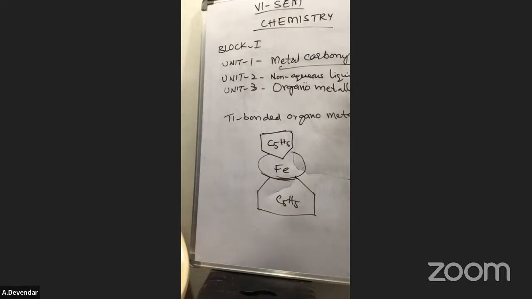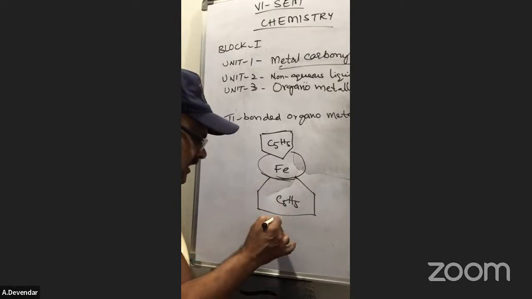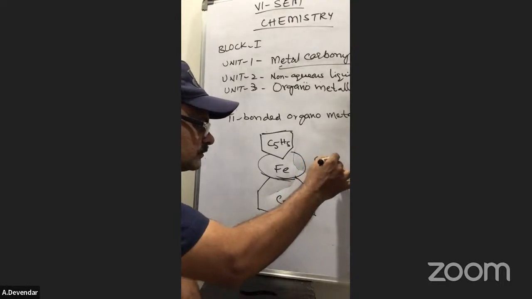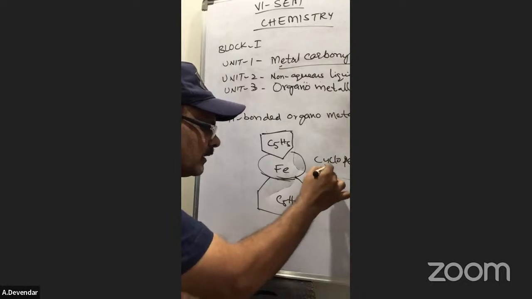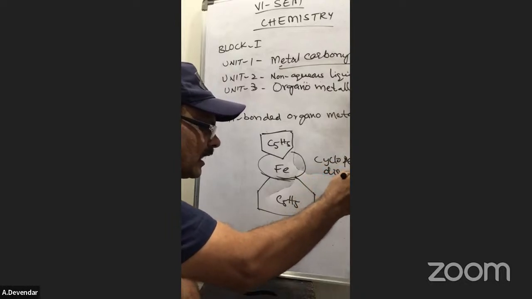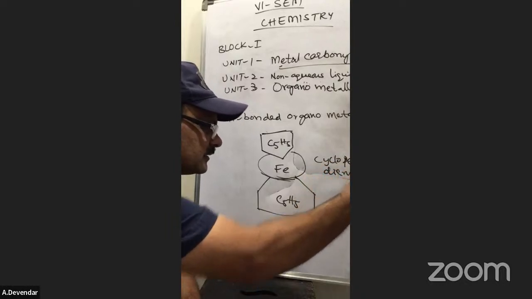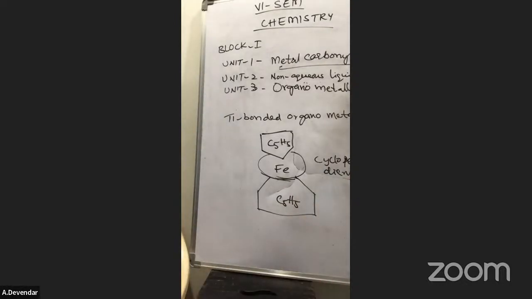That's why it is called cyclopentadienyl iron, the name of this compound. It is called a pi bonded organometallic, and it is a very important structure.